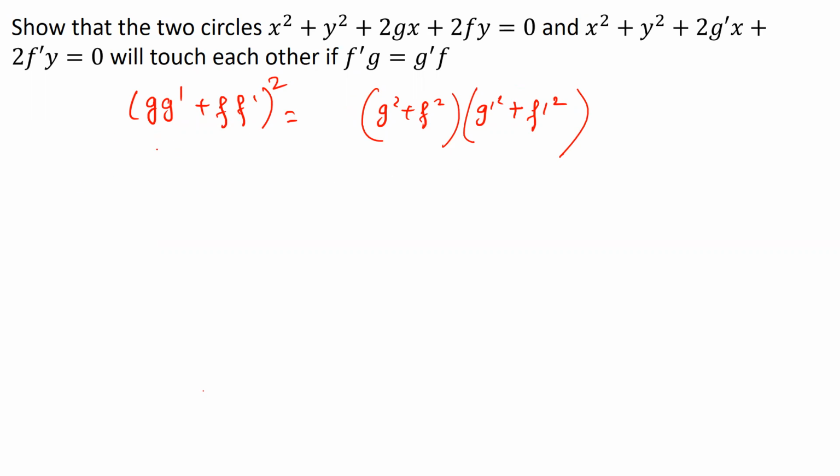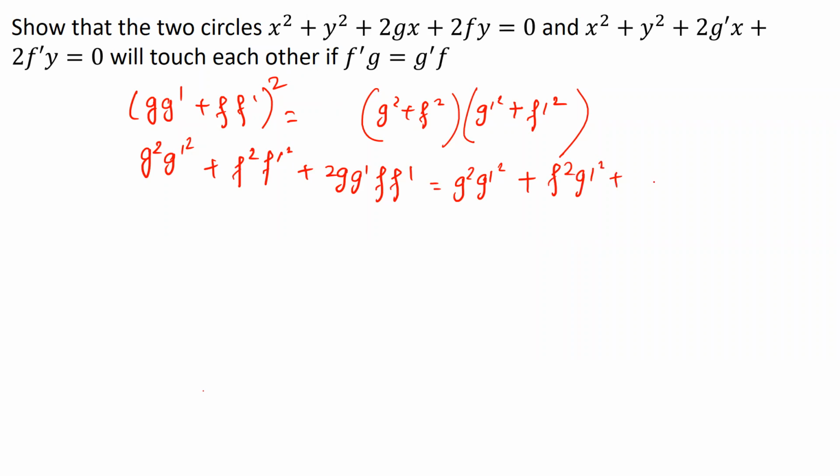On expanding, I get g square g dash square plus f square f dash square plus 2g dash f dash is equal to g square g dash square plus f square g dash square plus g square f dash square plus f square f dash square.